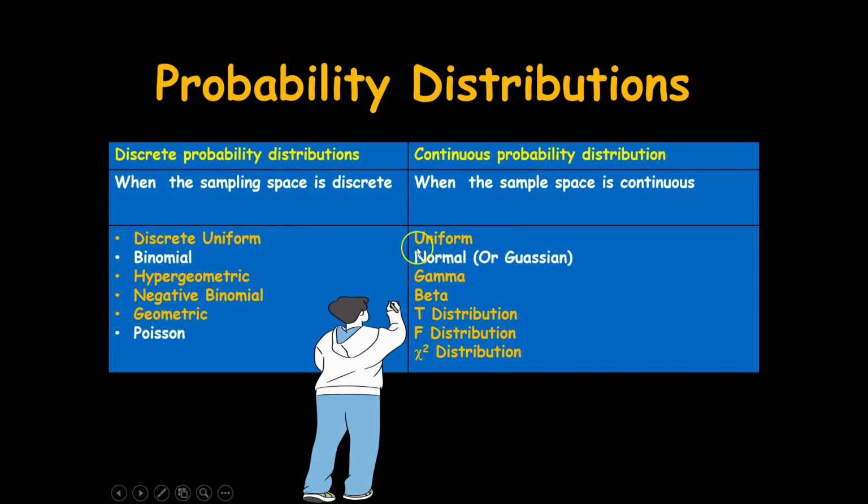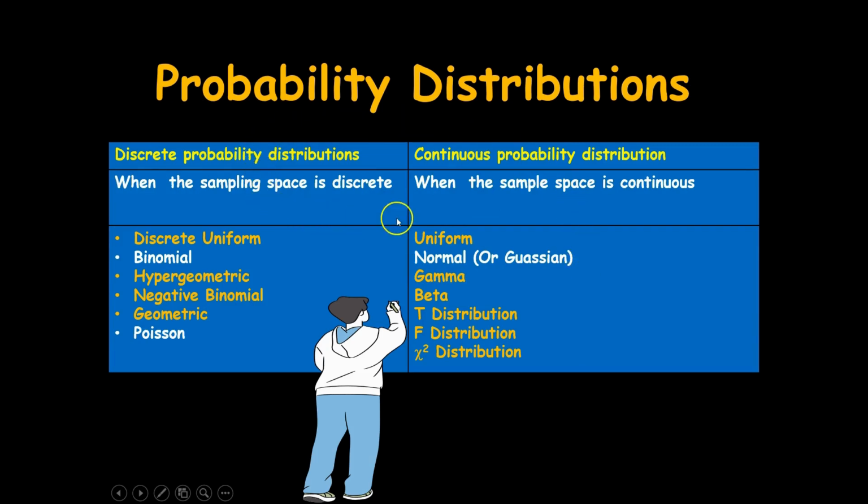And in case of continuous, again we have uniform, normal or Gaussian, gamma, beta, t, f, and chi-square distribution. But in this video, we'll focus on binomial and Poisson in case of discrete probability distribution, and in case of continuous, we'll discuss the normal distribution.